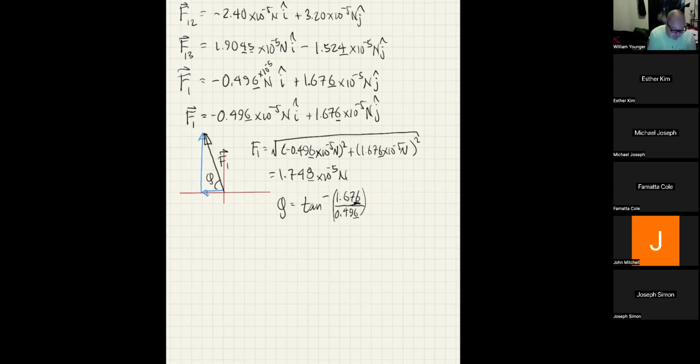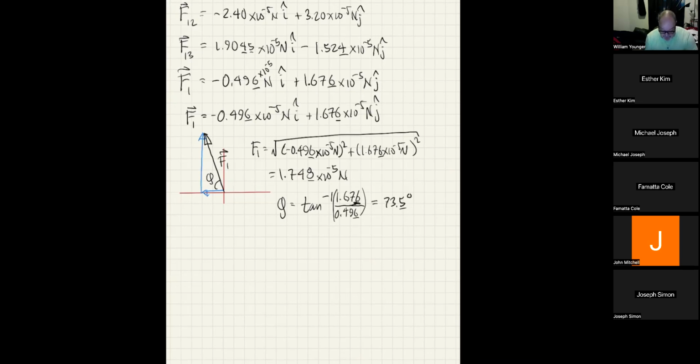So the inverse tangent of this, I'm going to say arc tangent inverse of 1.676 divided by 0.496 gives me 73.5 degrees. And that's one extra sig fig as well.